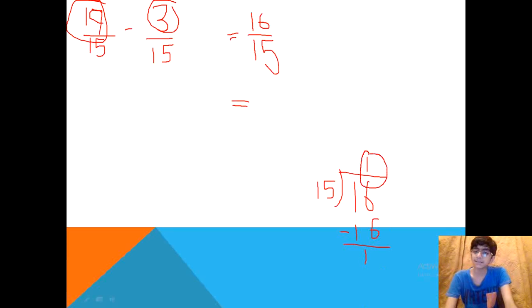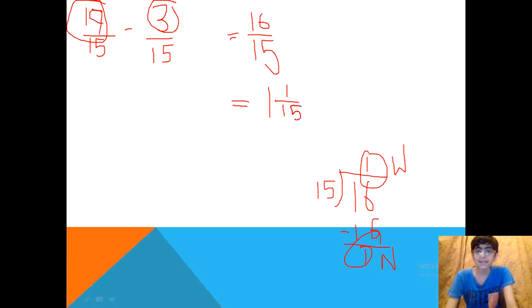Now use this as the whole and use this as the numerator. This is the whole and this is the numerator. 1 whole 1 over 15. So that is the subtraction.